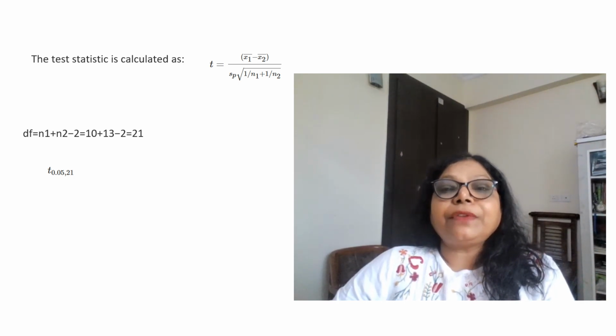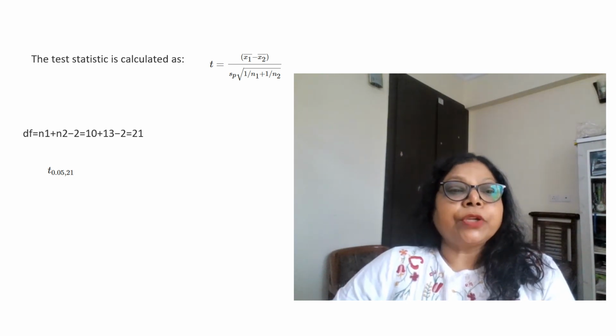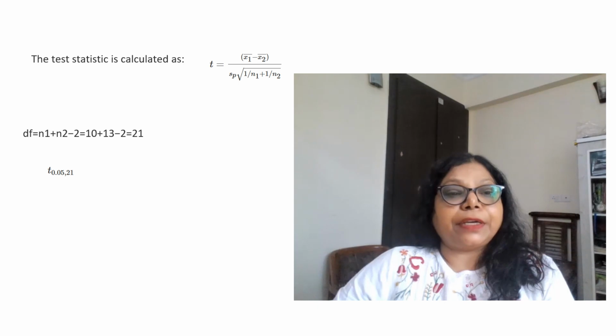The numerator of the test statistic is the difference between the two group averages, so it estimates the difference between the two unknown population means. The denominator is the estimate of the standard error of the difference between the two unknown population means. We compare the test statistic to the t value with our chosen alpha value and the degrees of freedom for our data.